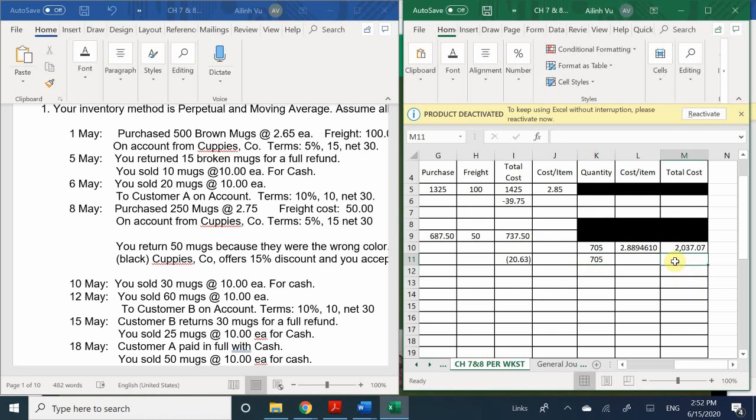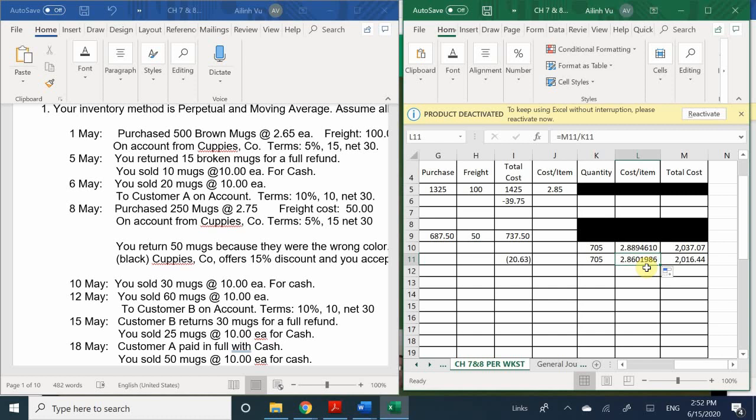Here I'm going to indicate that I no longer have $20.63 in this. And now my new number is going to be 20.16, which you should be able to pull down the formula for here. It's going to take this number and divide it by 7.05. So now my cost per item is $2.86 and so on.